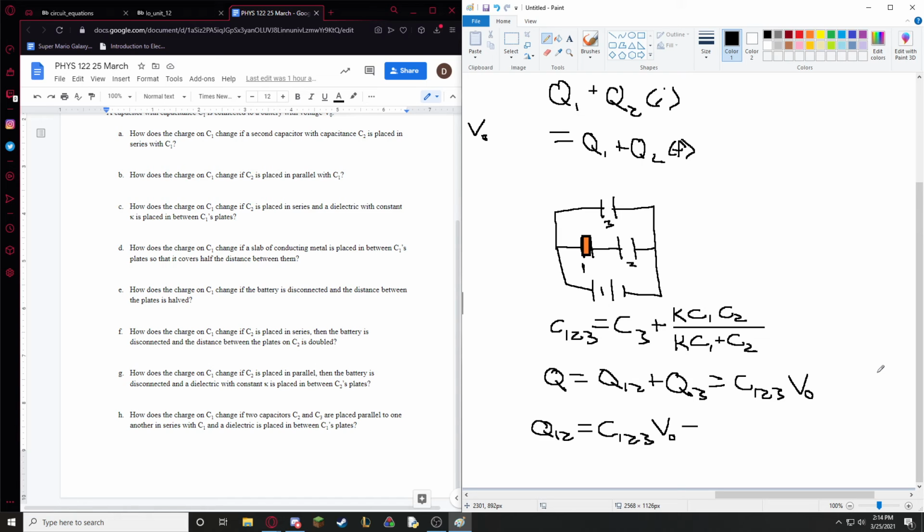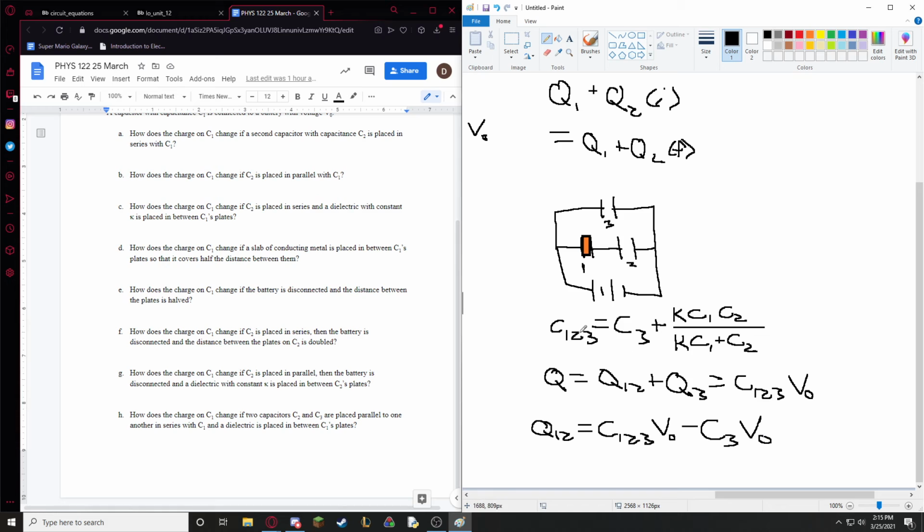Remember, how do we get the charge on capacitors parallel to one another? It's going to be the exact same as if the capacitor was alone in the circuit, right? If we just completely ignored C1 and C2 and we just had battery and C3, that charge would just be C3 times V naught.